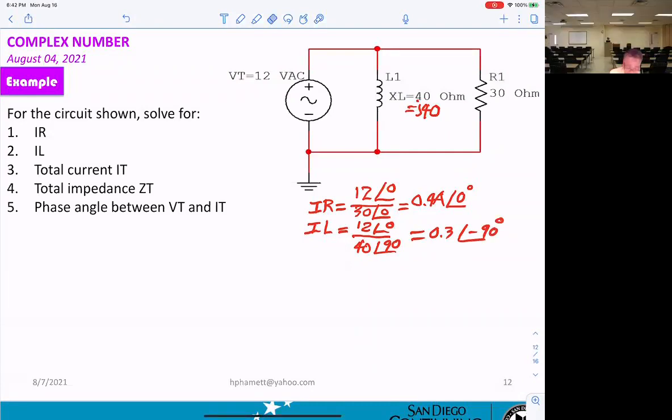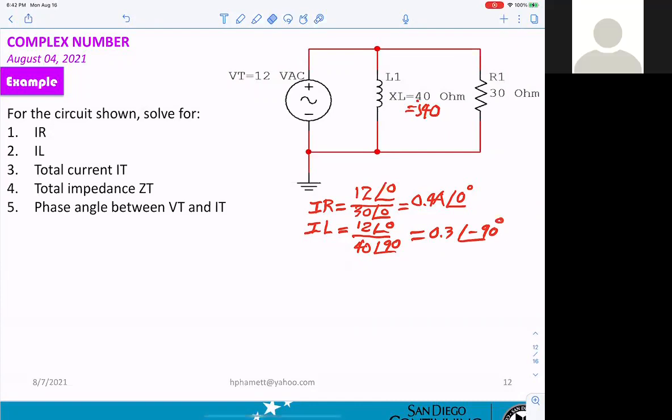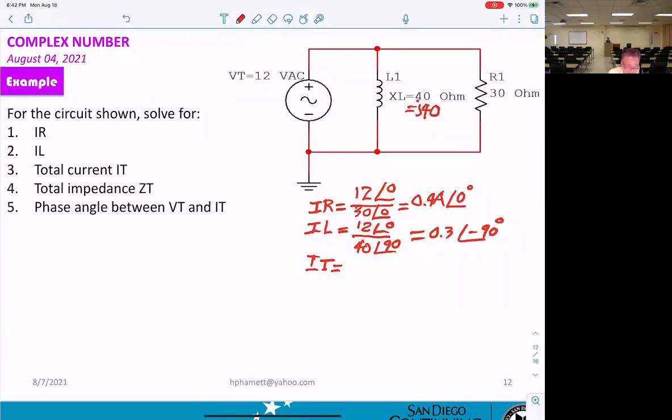Okay, I total. You add both the currents, IR plus IL.